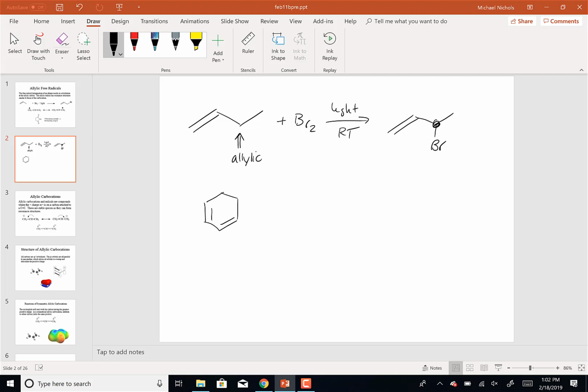And if you're going to brominate an alkyl benzene, then it's going to go into the benzylic position as the most selective position, so you'll always put the bromine in that benzylic position.